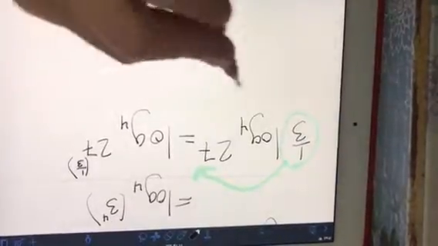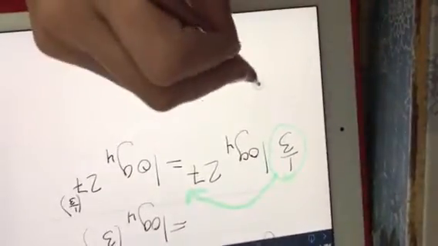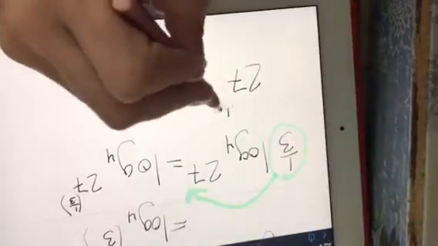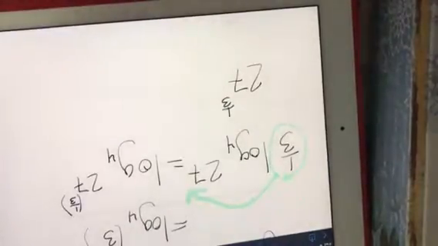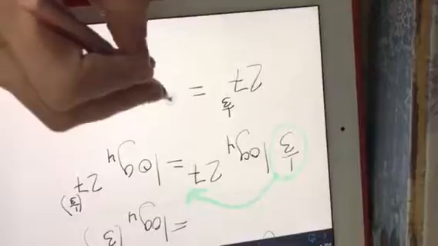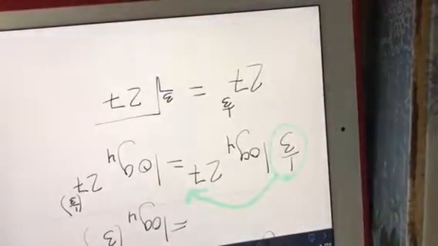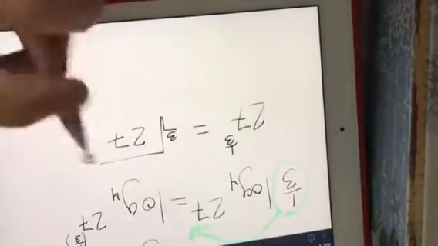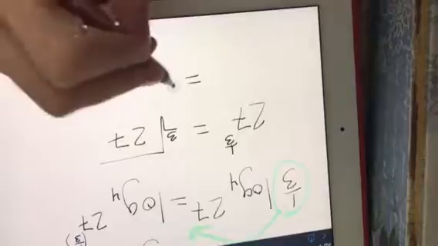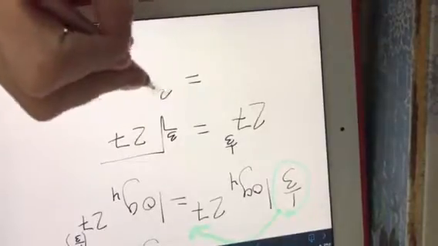Now, we're going to do a little side note here. 27 to the 1/3 power is the same thing as saying the cubed root of 27. And you have done the cubed root of 27 enough to know that that is equal to 3.